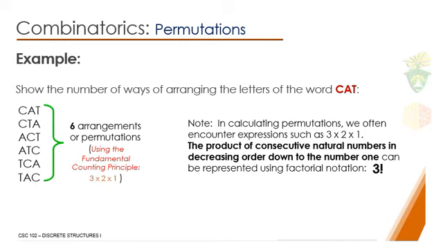In calculating permutations, let's take note that when we encounter an expression like 3 times 2 times 1, it can be represented using factorial notation. It's the same thing. So 3 times 2 times 1 can be converted to 3 factorial. That is how to compute a factorial.